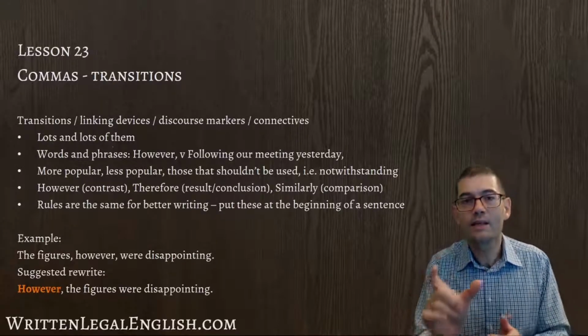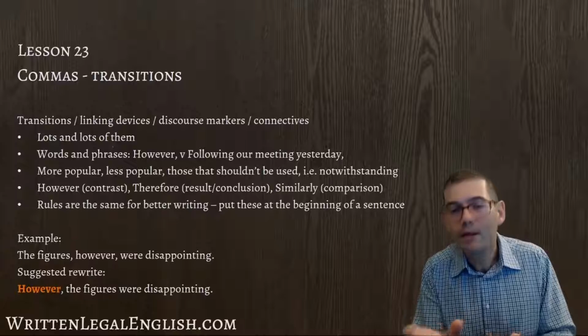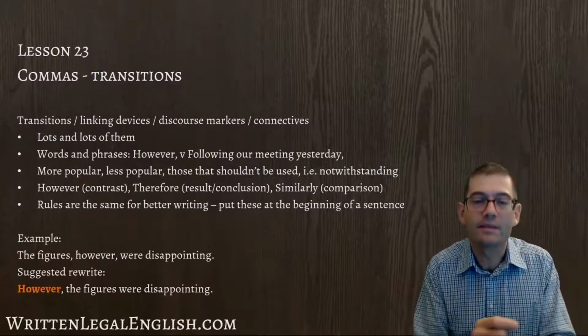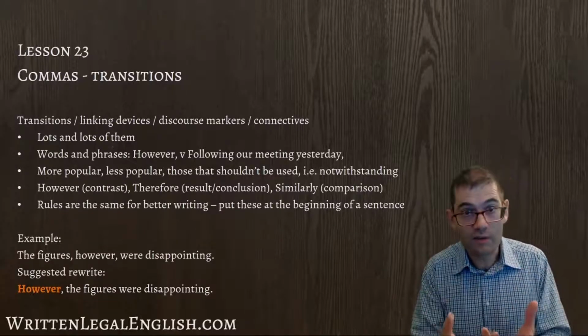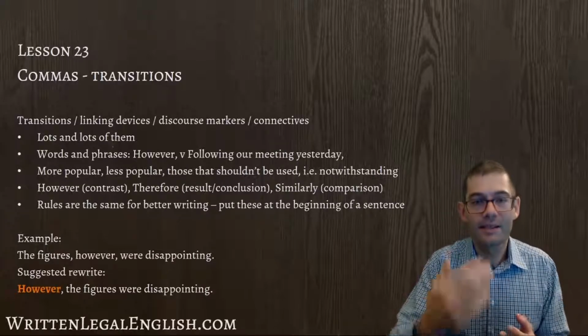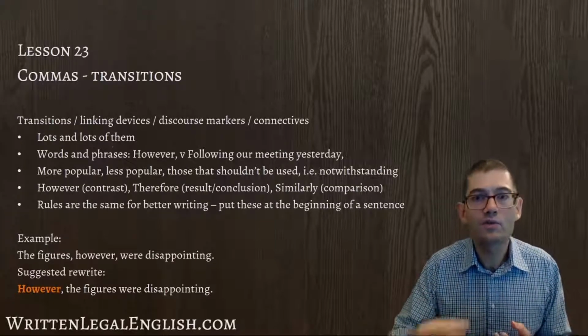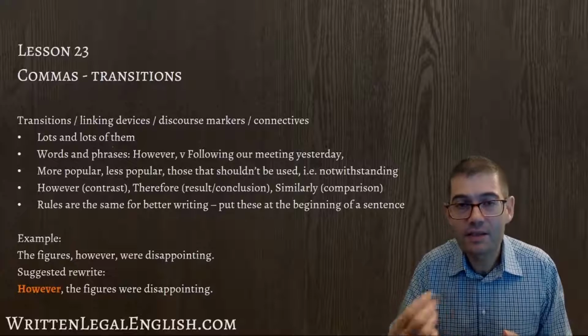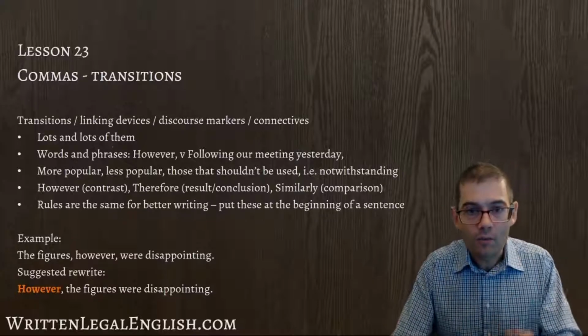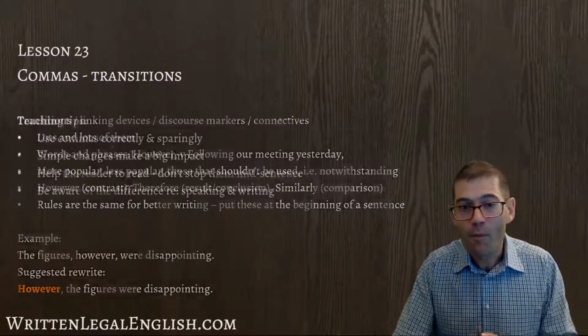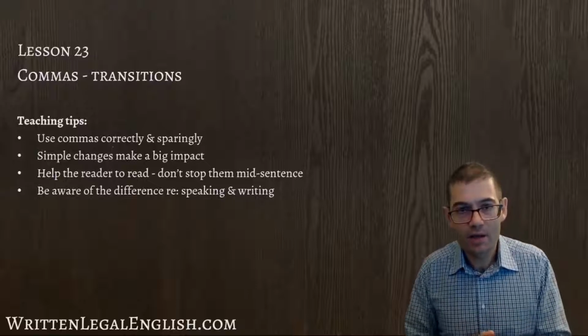Make sure that the linker doesn't go in the middle of the sentence. Make sure it goes at the beginning of the sentence, and that way you still have the effect of the linker, but the sentence has much better flow, and you're 1 step closer to using commas a lot more accurately, let's say.